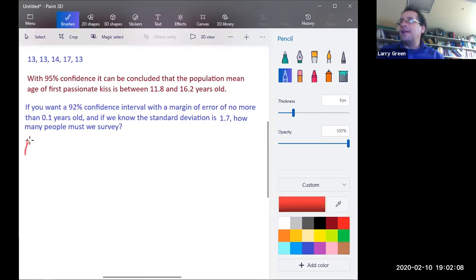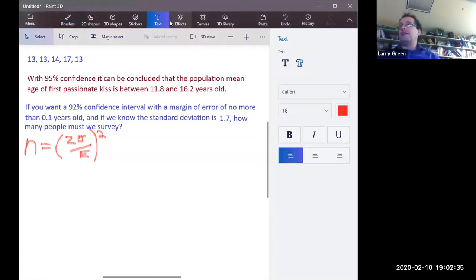So N is equal to Z times sigma over E, squared. Any questions at all on this formula?